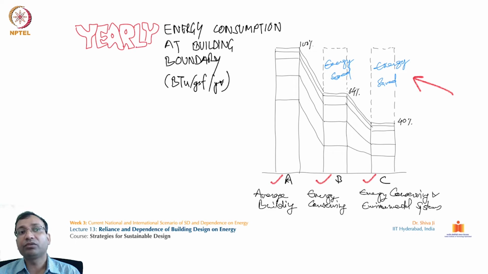If you examine case C, the third one, the system follows energy conserving construction and environmental systems. In this the energy consumption stands at only 40%. That means a saving of 60% has happened over here. It's a huge amount of saving.